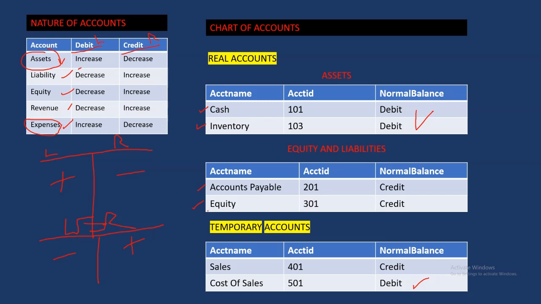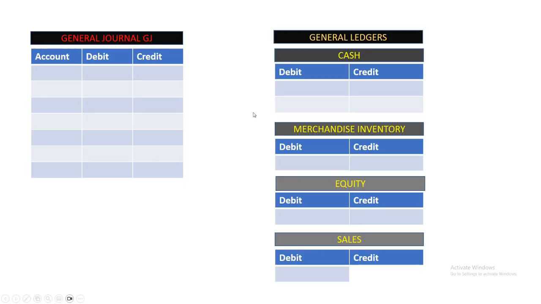Okay. So this is our general journal and general ledgers. Just a quick overview. The general journal is where the official documentation of our debits and credits is kept, with all the supporting documents and signatories.